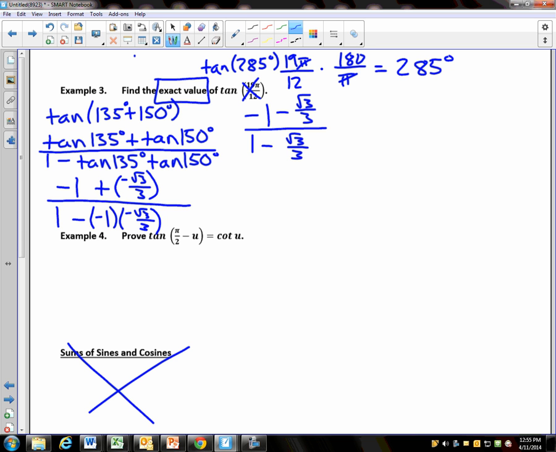So, let's do that. How do I create a common denominator up top? Multiply by 3. So we have negative 3 over 3 minus the root of 3 over 3 divided by 3 over 3 minus the root of 3 over 3.